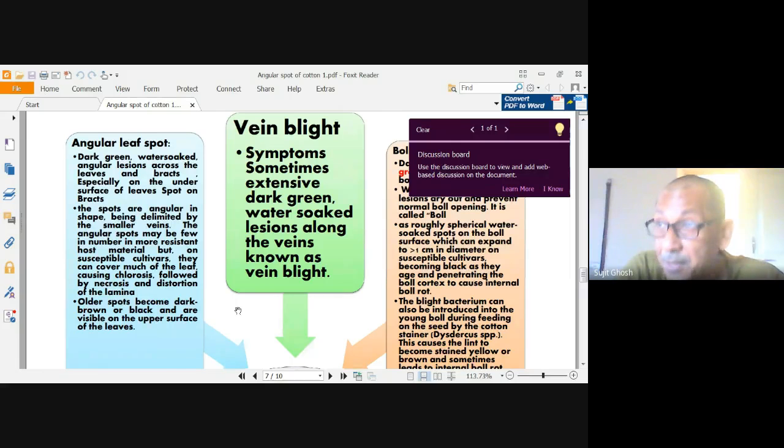It is also observed that if it is visited by the Dysdercus species, cotton stainer, an insect, then it will be easily observed on the fruit.